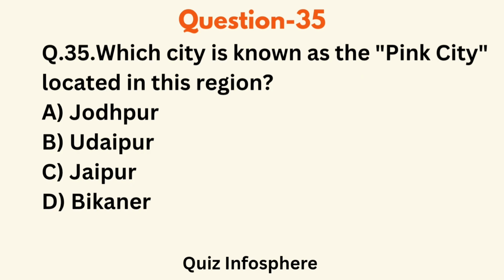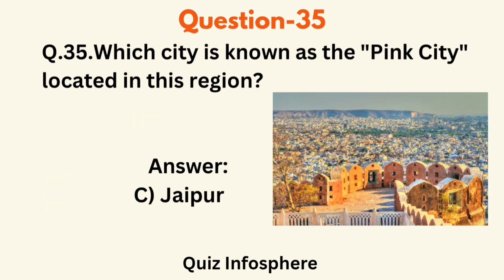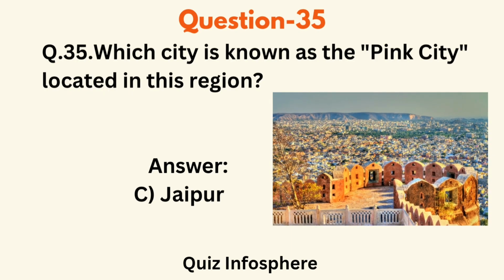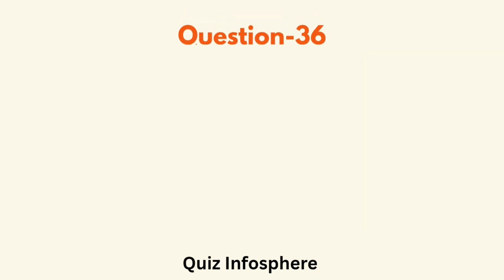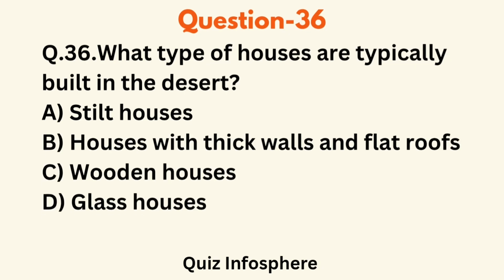Question 35. Which city is known as the Pink City located in this region? Jodhpur, Udaipur, Jaipur, Bikaner. The correct answer is Jaipur. Question 36.